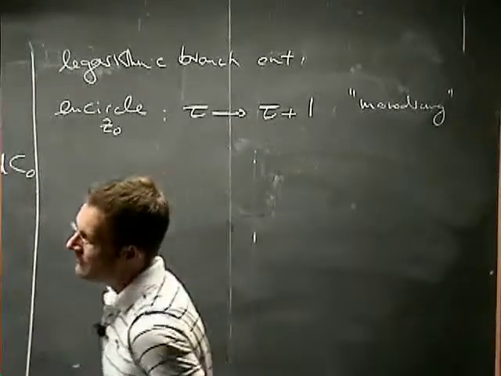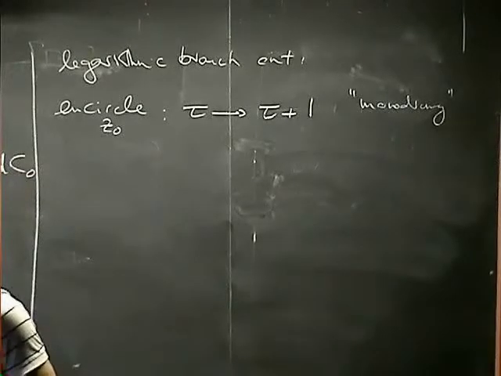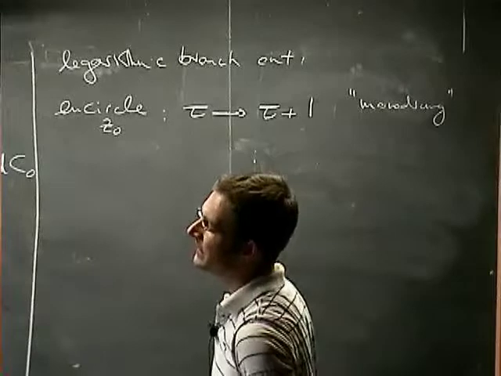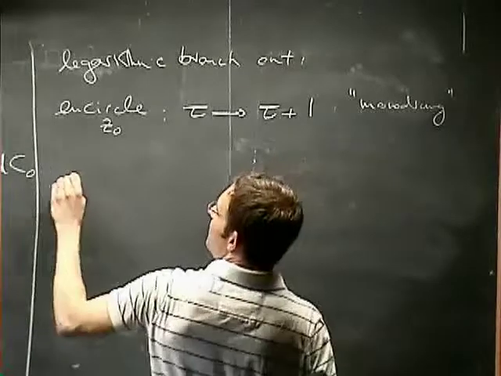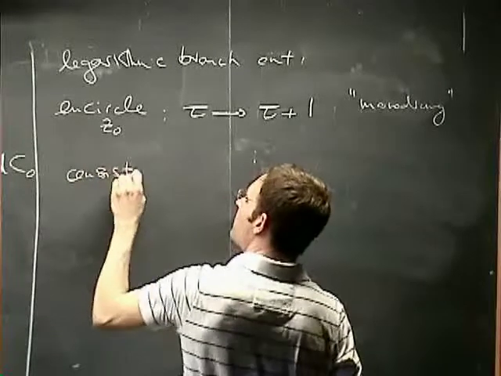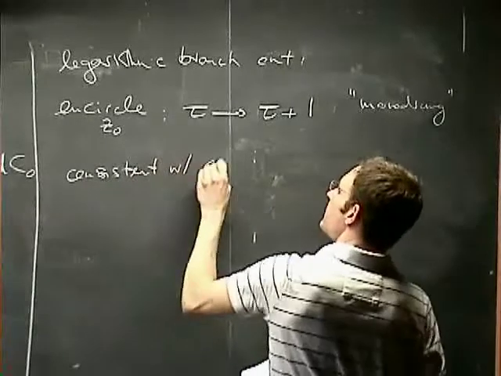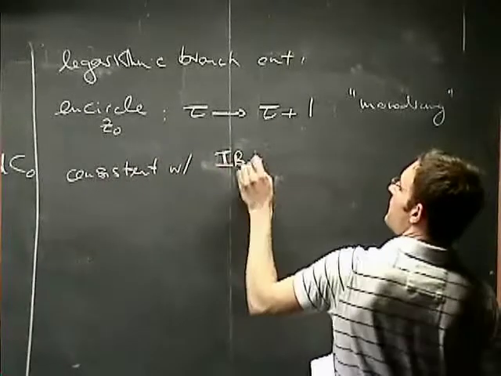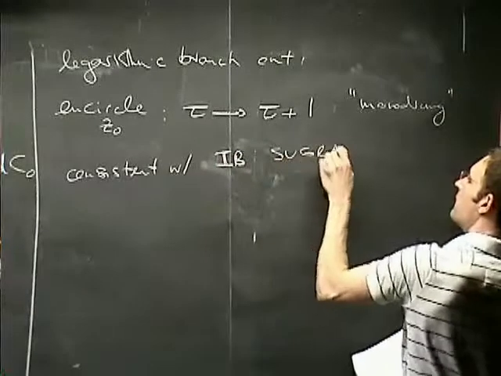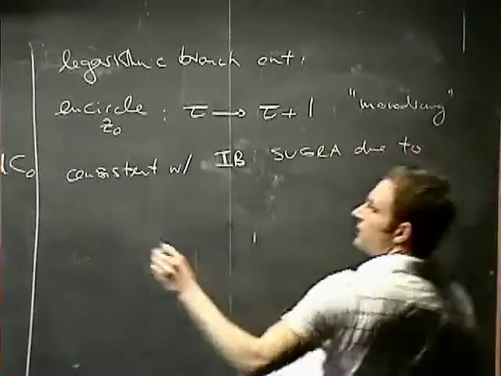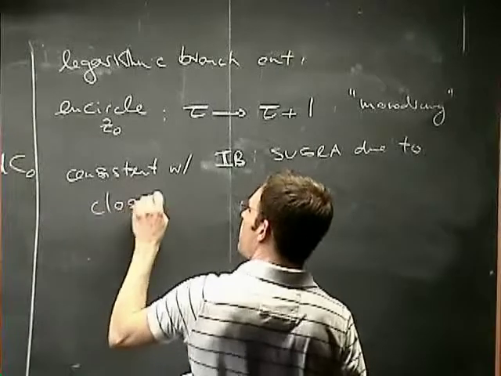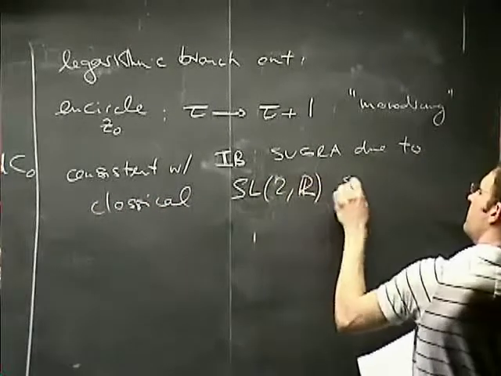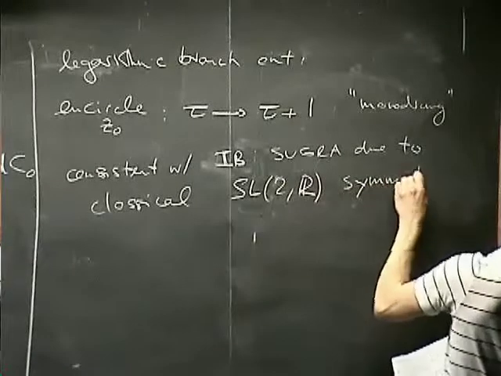But what comes to our rescue, of course, is the SL(2,Z) symmetry, or duality group, of type IIB in 10 dimensions. So this is consistent with type IIB supergravity due to the classical SL(2,R) symmetry, which then gets further broken.